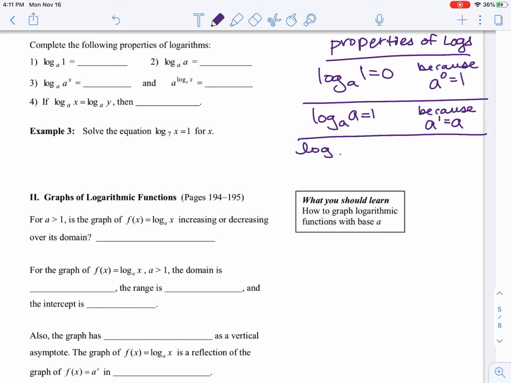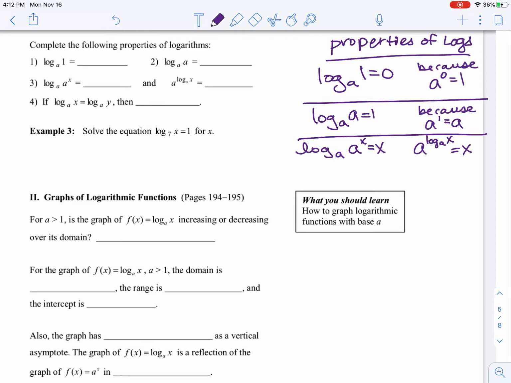And then log base a of a to the x equals x, as does a to the log base a of x. And that's because they're inverses of each other. So log base a of a to the x, they cancel out.